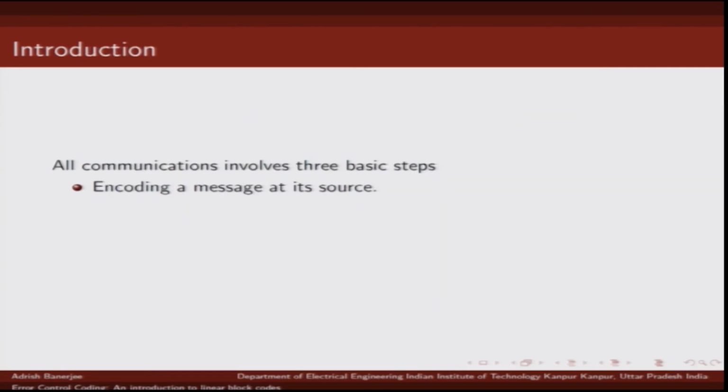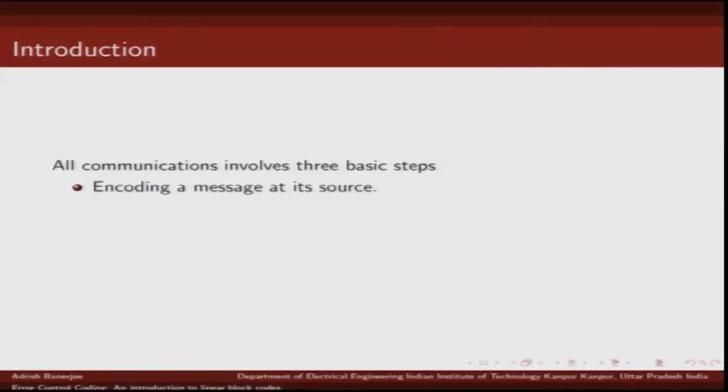When we talk about communications, communications basically involves three basic steps. The first is encoding a message. You have a message source that you want to represent efficiently. For example, consider a speech signal. If you want to transmit a speech signal, you first have to convert your analog signal to a digital signal, and then you need to get rid of useless redundancies.